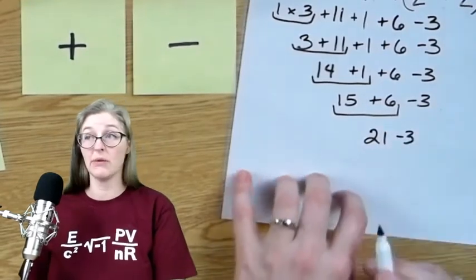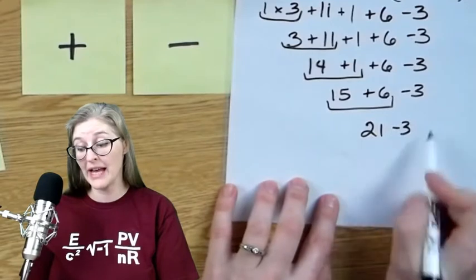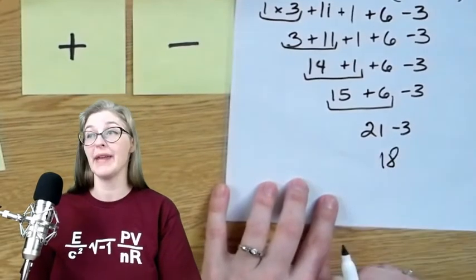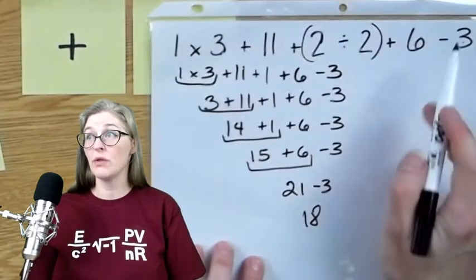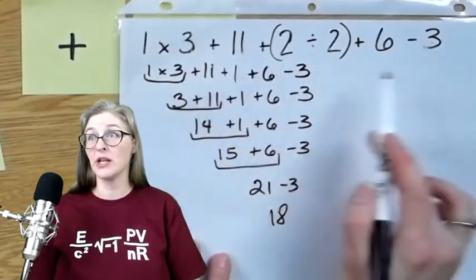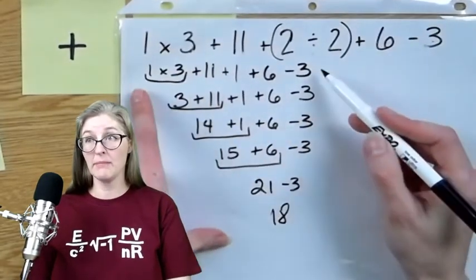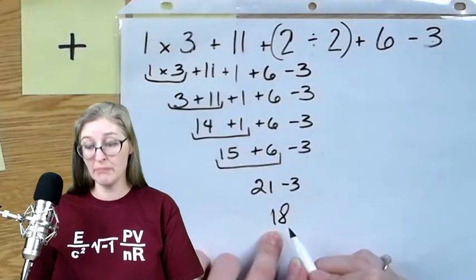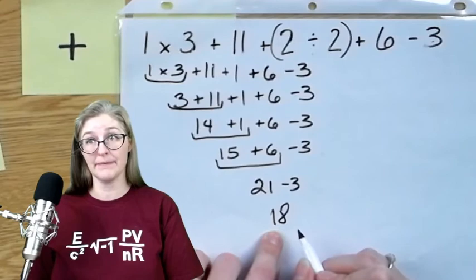I haven't done anything with that little minus 3 because it's the very last one. 21 minus 3 equals 18. So this expression, using PEMDAS or the order of operations, has come down and it will simplify to 18.